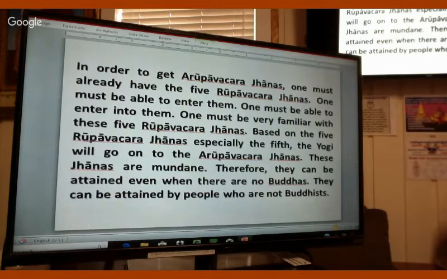He knew all kinds of Arupa jhana, but he understood that this kind of Arupa jhana stays in the cycle of life and cannot be free from it.